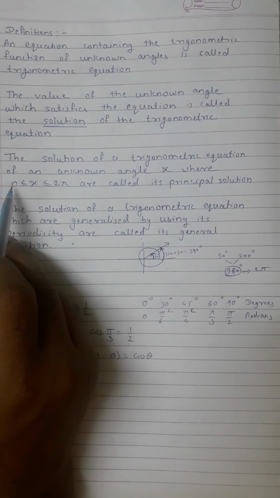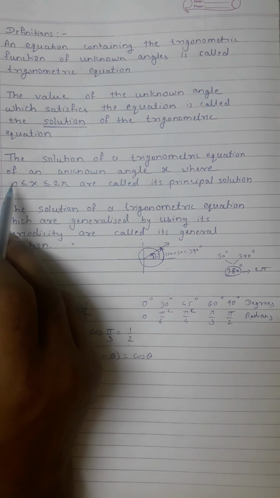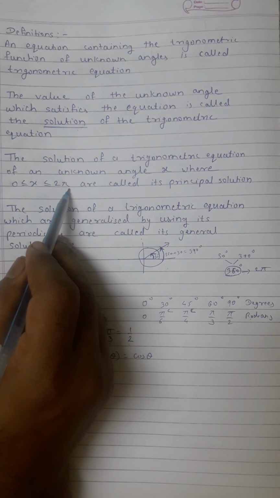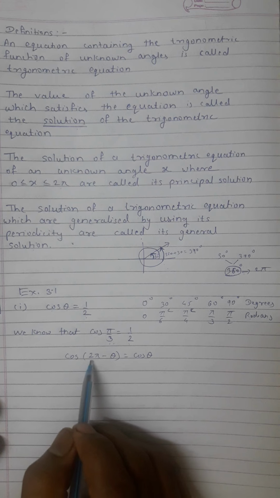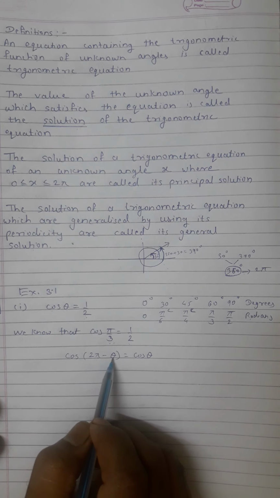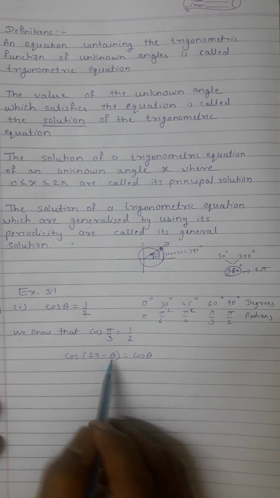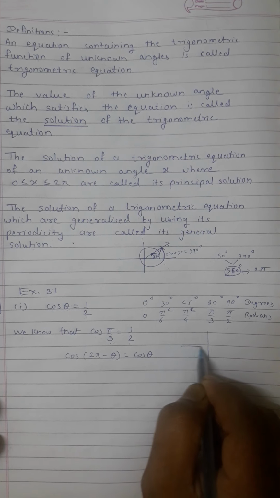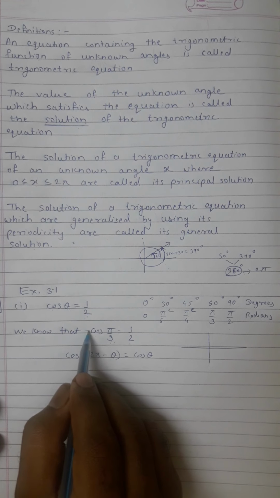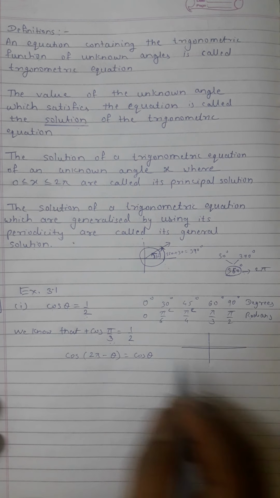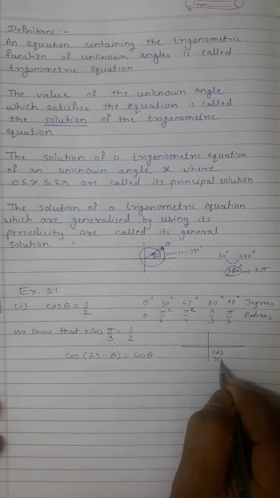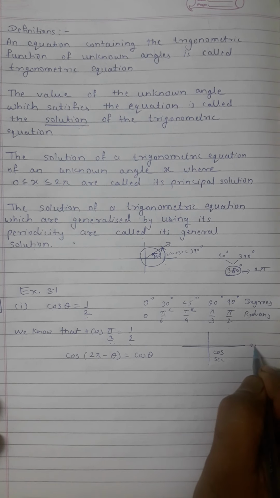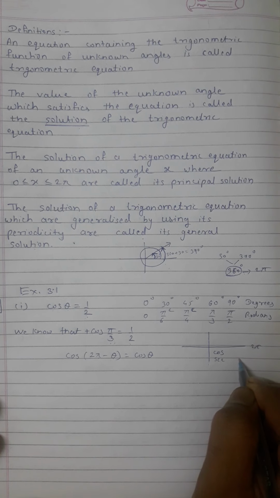Our definition says the variable should be between 0 to 2 pi, so our theta cannot exceed 2 pi. Another reason is that we want a positive answer for cos, and cos is positive in the fourth quadrant, which is 2 pi minus theta.